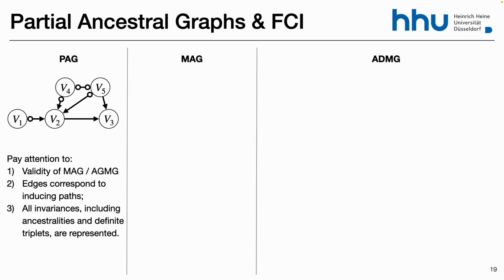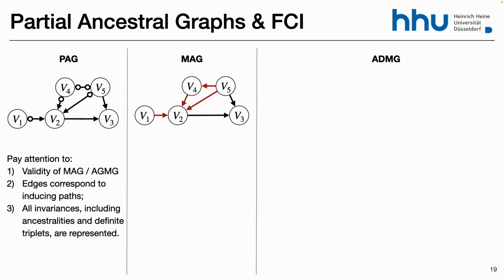So for example, we have to pay attention to a few things. We cannot create PAGs that are going to generate invalid MAGs or things that are not valid. We cannot add more inducing paths than we should. Anyway, those things that we discussed before, but all invariances, including ancestralities and definite triplets, have to be represented. So, list of MAGs.